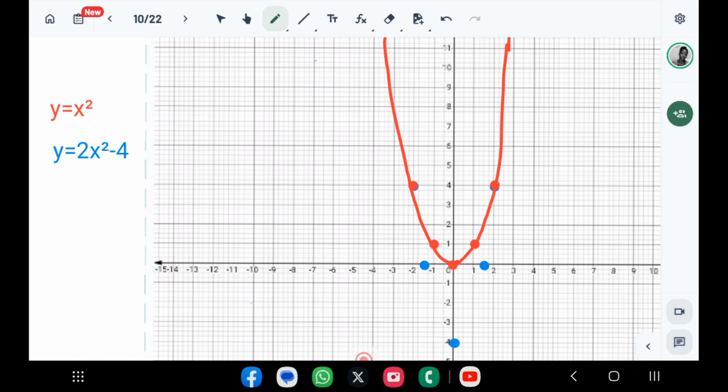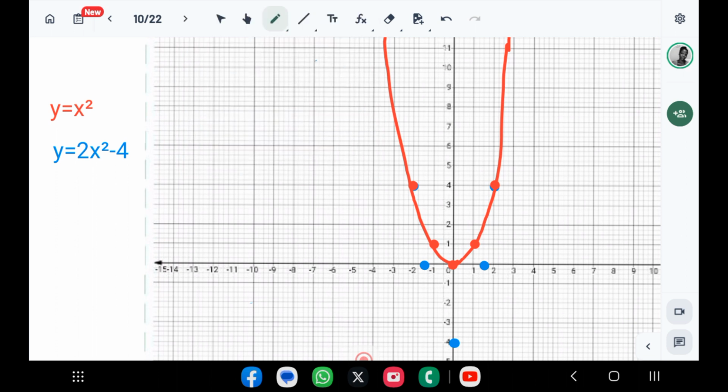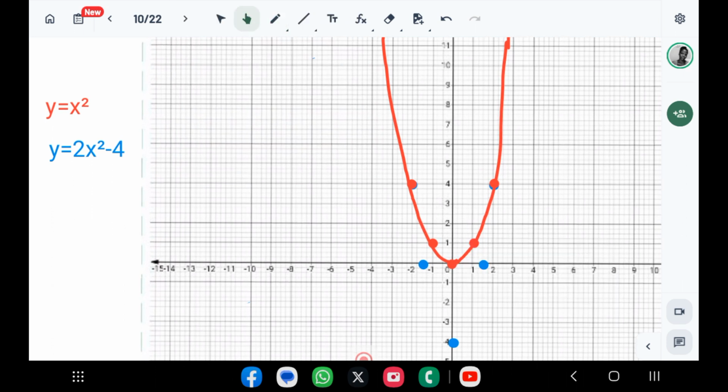Alright, let's draw the blue one. Let's join the points of the blue one.